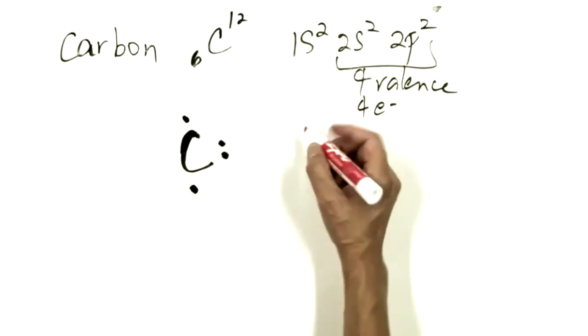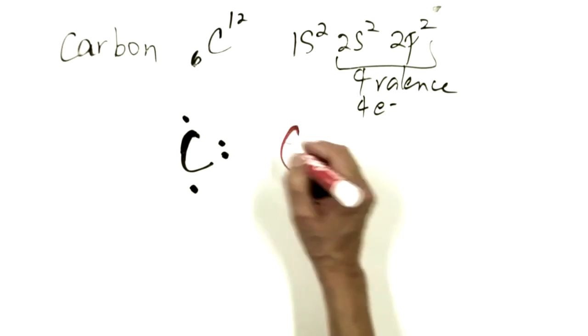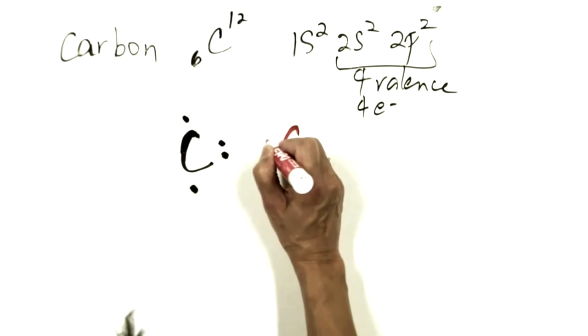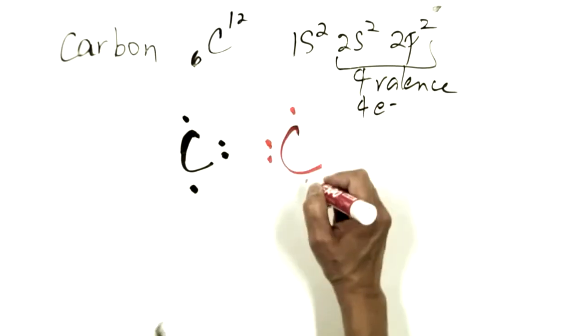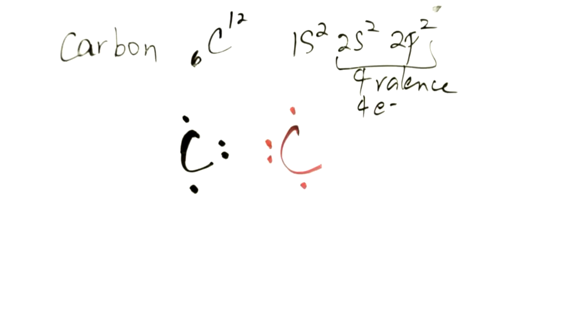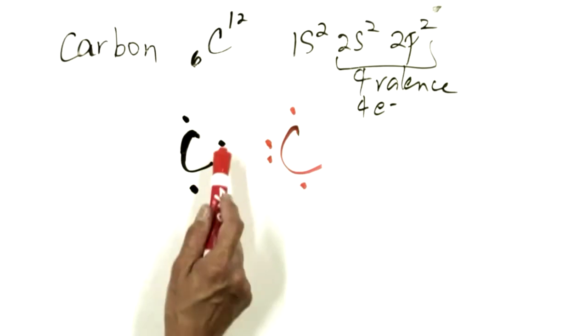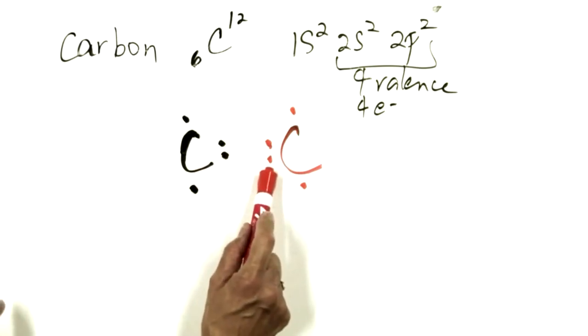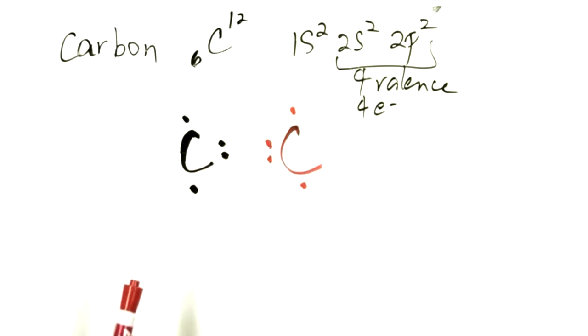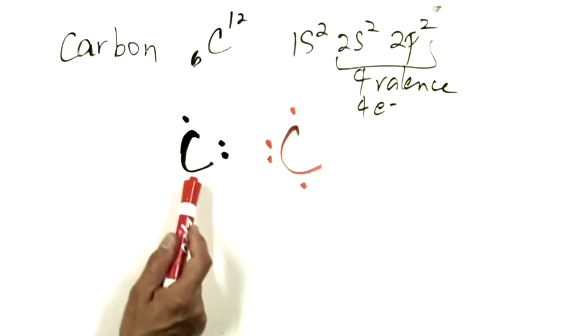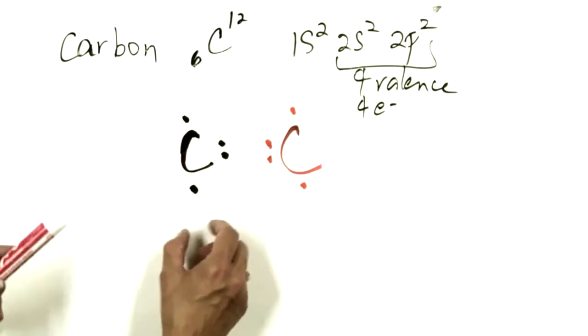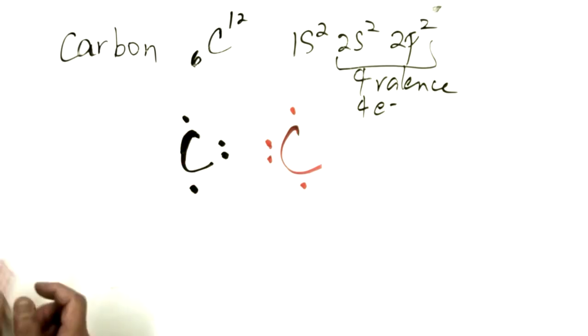Let me just draw another carbon atom here, all right? So I will still have 2 electrons, and I will also have the 2 valence electrons. So notice that these carbon atoms can share these 2 pairs of electrons, and still they will need another 2 pairs of electrons to become stable.